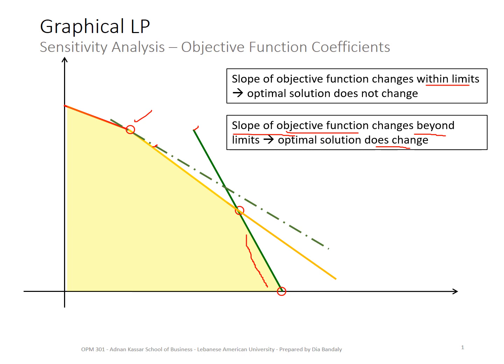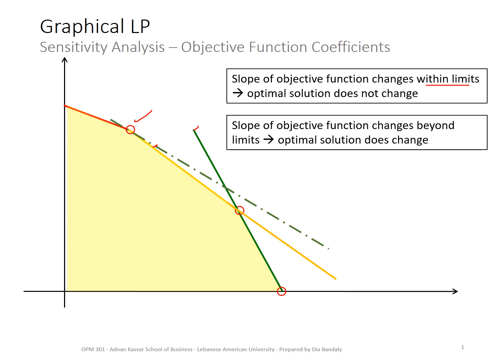Think about it while I'm erasing this for you so that you can see it clearly. What makes the slope of the objective function? It is the objective coefficients, right?